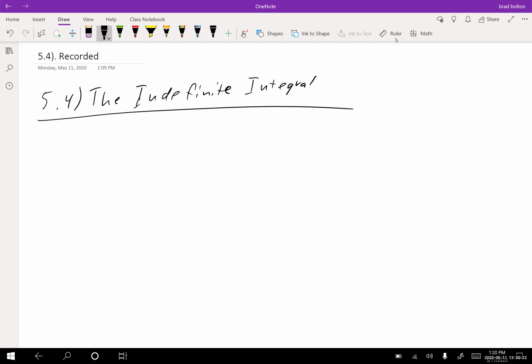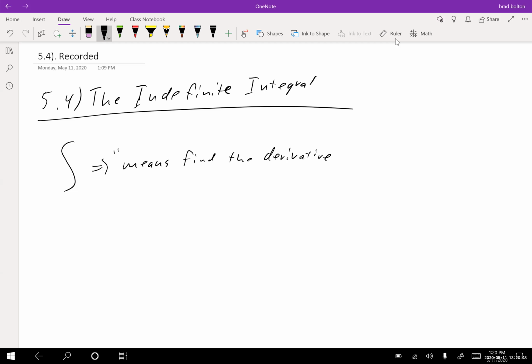And all it really means is, when you see this symbol, this means find the derivative. Okay, so this integral sign just means find the derivative. Basically, that's what it's saying.